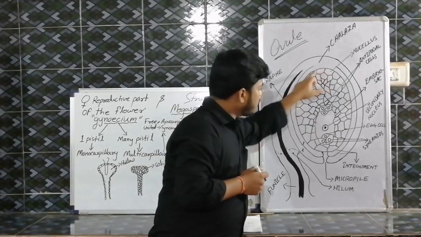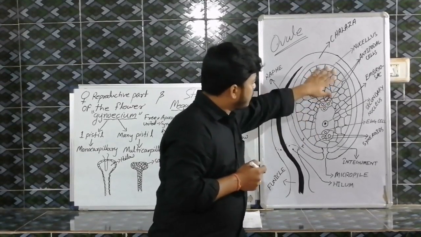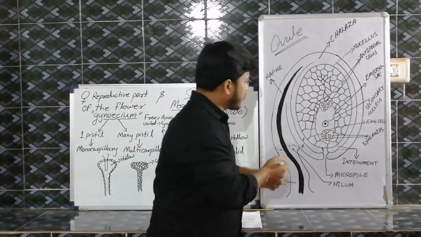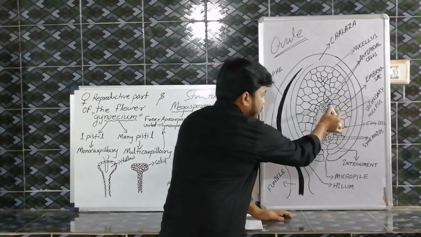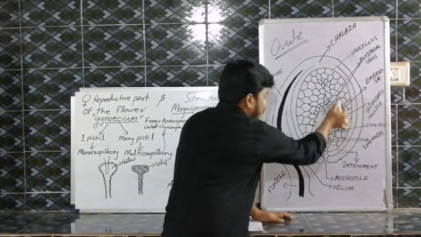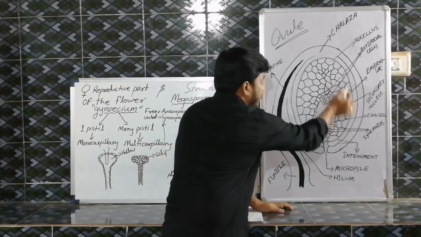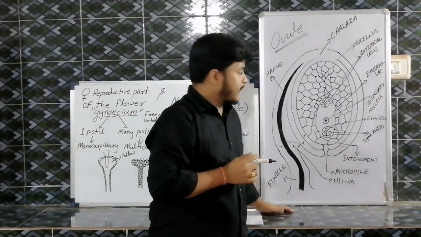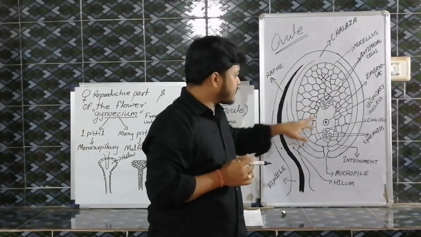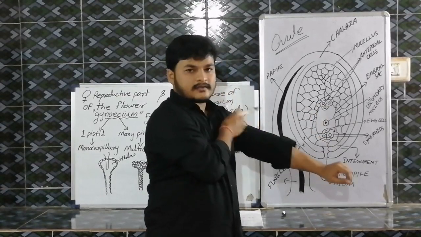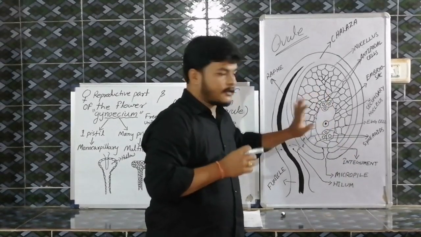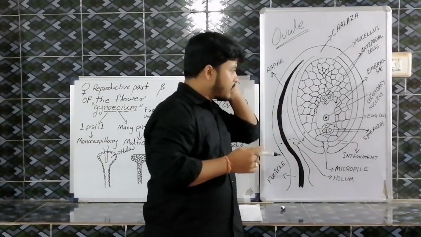Nextly, the nucellus structure. That means the overall structure except this embryo sac. Except this embryo sac, the total structure is known as your nucellus. It is made of diploid cells, and this is your haploid cells. Why it is diploid and haploid, I will tell you later.